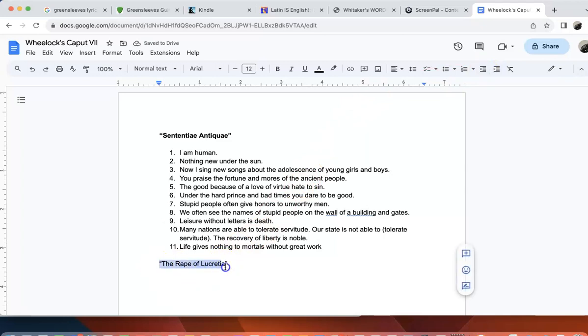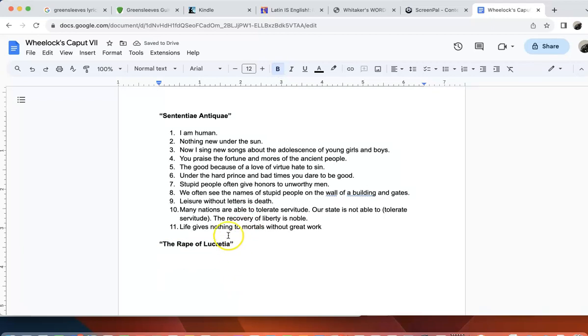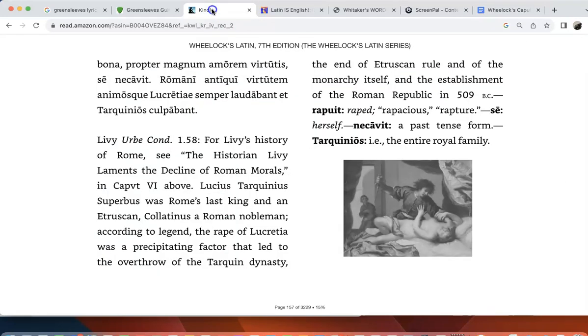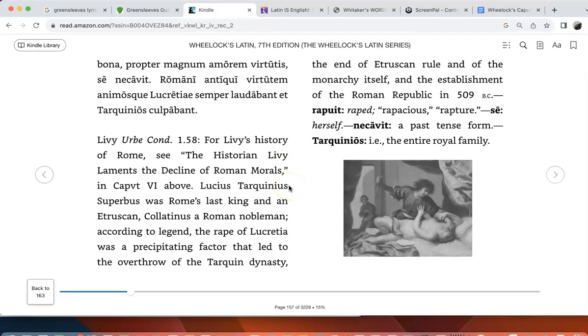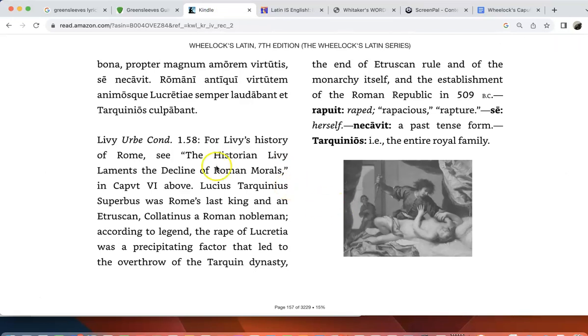It ultimately led to the fall of the monarchy and the rise of the republic in the 6th century. Many Romans throughout the history of the republic and even beyond reference this.